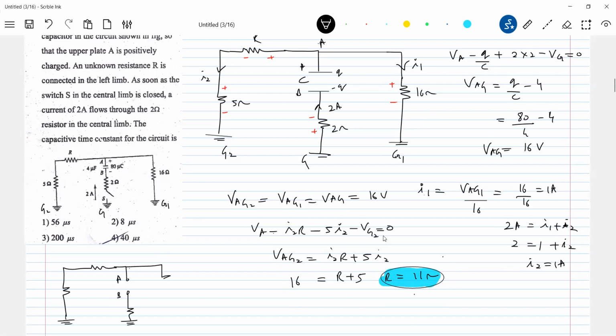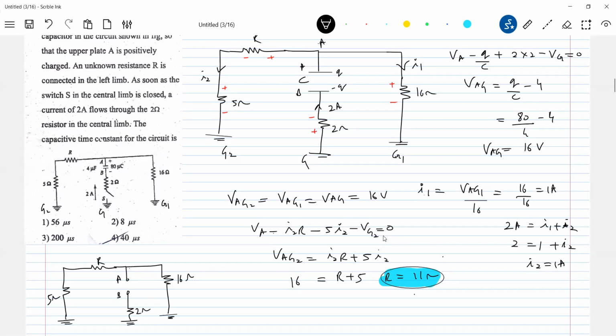A little bit, this is asked in a different way, because usually we come across the cell compulsorily. Here the cell is not brought in. So what is the effective resistance as seen by it? This R and 5, they are in series, and that will be in parallel with 16 ohm, and that effective is in series with 2 ohm.